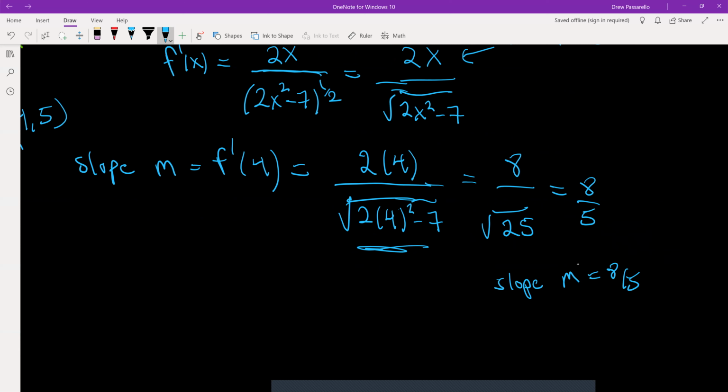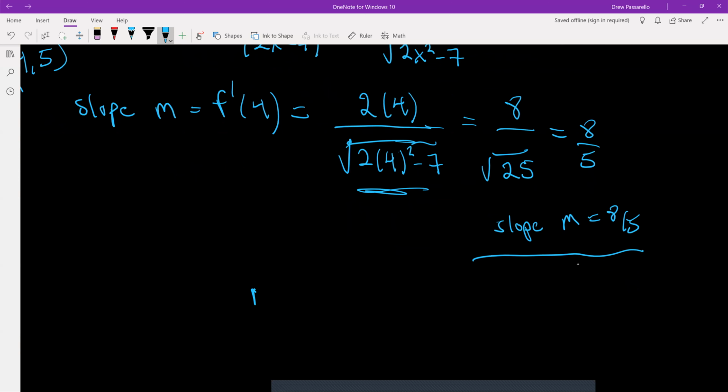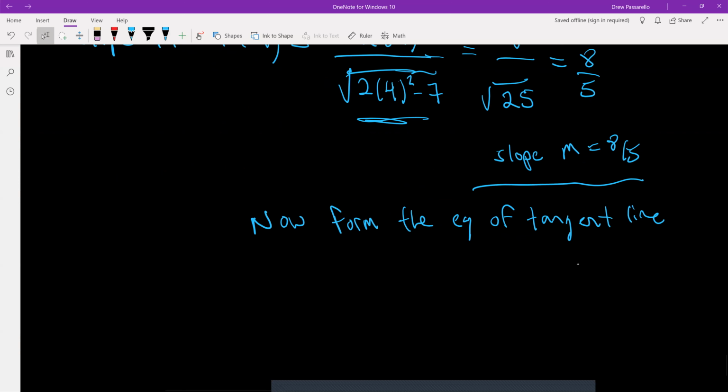All right, so from there, I'm on my last step. I just need to form the equation. And again, I use point slope: y minus y1 equals m times x minus x1.